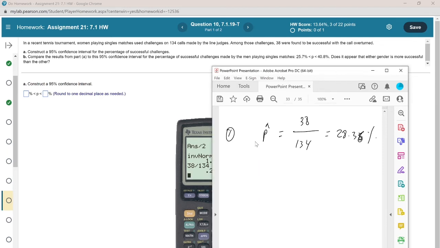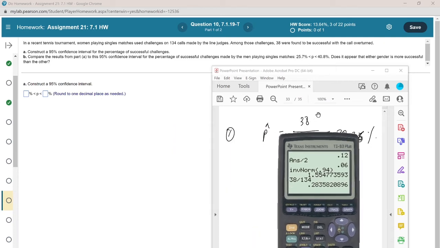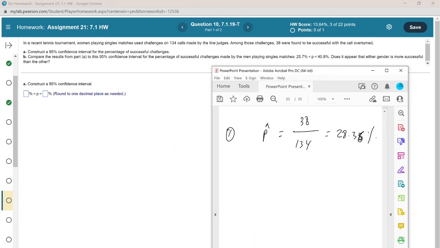So based on this sample, 28.36% of the time, whenever the line judge made some call, the decision of the judge was challenged, and that was a successful challenge.